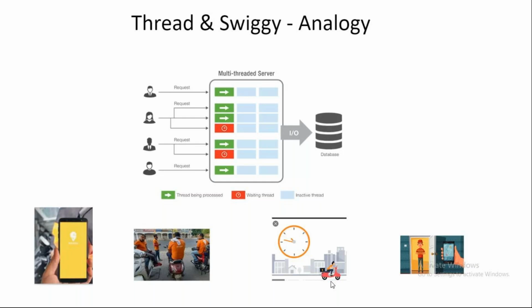Once you place a request, one of the Swiggy delivery persons will get assigned the work. Then he'll go to the restaurant, wait there until a response comes from the restaurant saying that the food is ready, and then collect it and hand it over at your home.